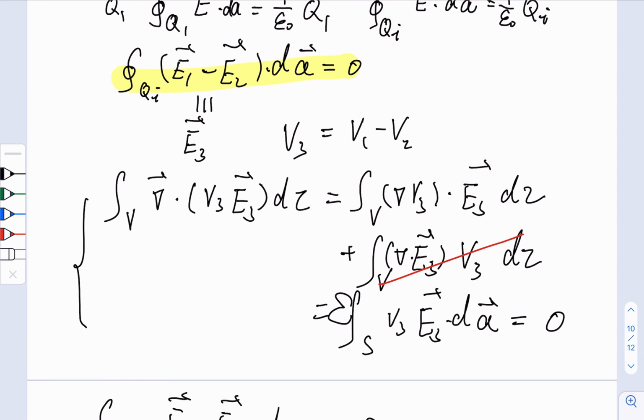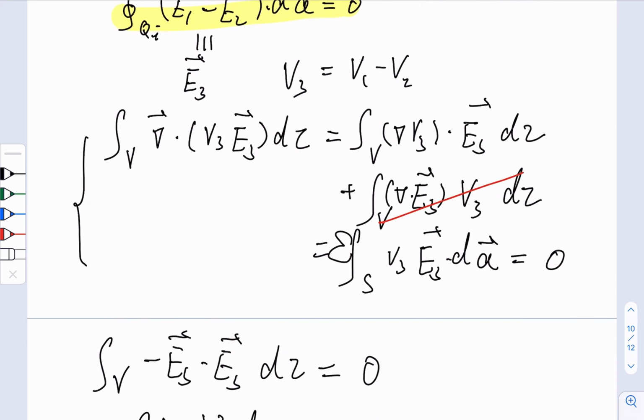Now let's look at the volume integral. We can apply the del operator to V3, and we can also apply del to E3. Del dot E3 should be 0, because there is no charge within the region of interest, and del V3 gives negative E3. So the total volume integral results in this form.